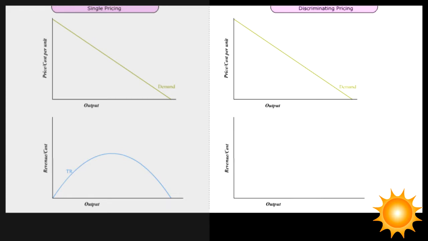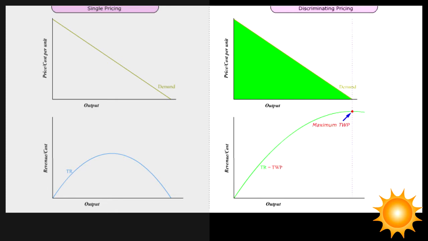If the firm can sell each unit of output according to the buyer's willingness to pay, that is, the reservation price, the total revenue generated will be much larger and reaches its maximum when price charged is equal to 0. This total revenue generated through perfect price discrimination can be called total willingness to pay, TWP.